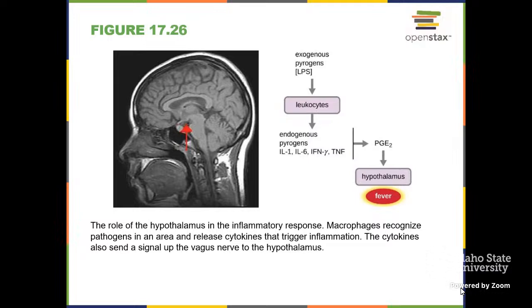Then there are endogenous pyrogens, things like some of our white blood cells releasing chemical mediators, right? So interleukins, interferon, tumor necrosis factor, all of these are types of cytokines, chemical messengers that can do different things, right?